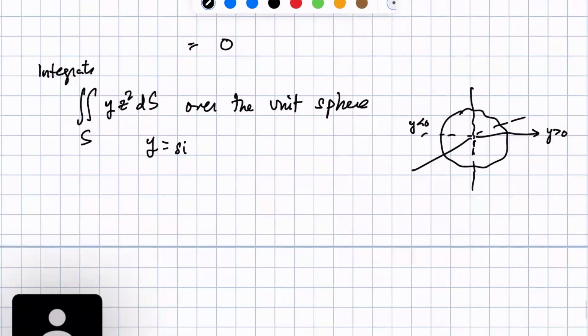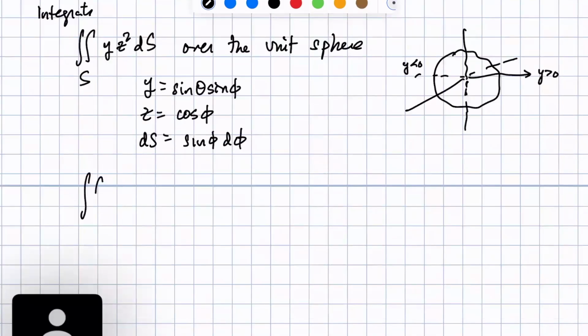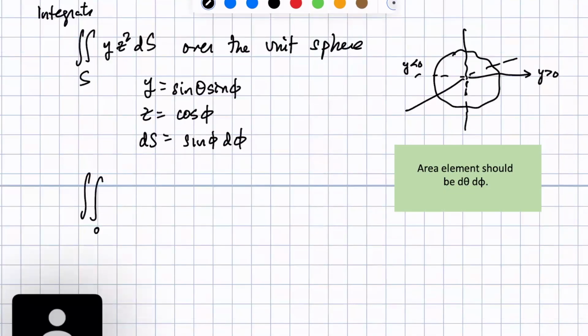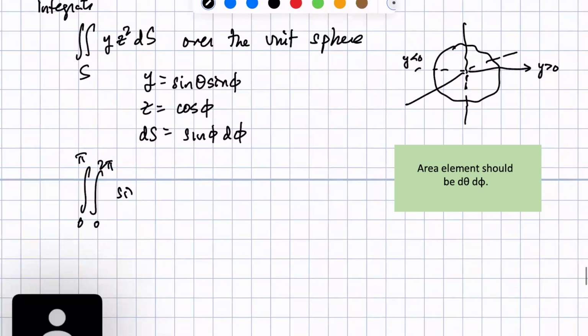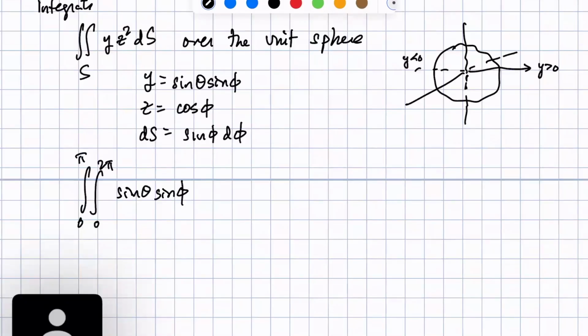So let's just verify that that's the case. y is sine theta sine phi, z is equal to cosine phi, and dS is equal to sine phi d phi. So my integral is going to be from 0 to 2 pi, 0 to pi. y is sine theta sine phi. z squared is going to be cosine squared phi.